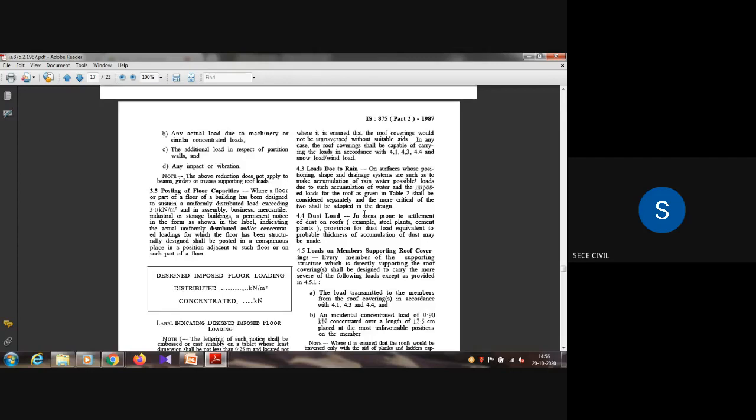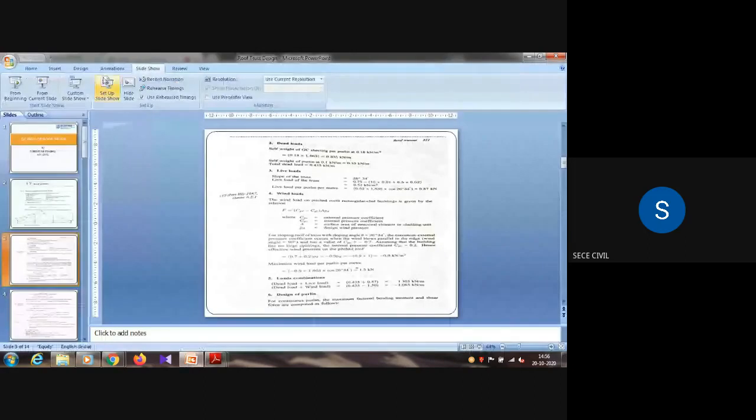If some areas are prone to dust, then a large amount of dust will accumulate on that type of roof. So that is the live load calculation. After live load calculation, next is wind load calculation, the wind load on pitched roofs. Pitched roof is nothing but sloped roof only.